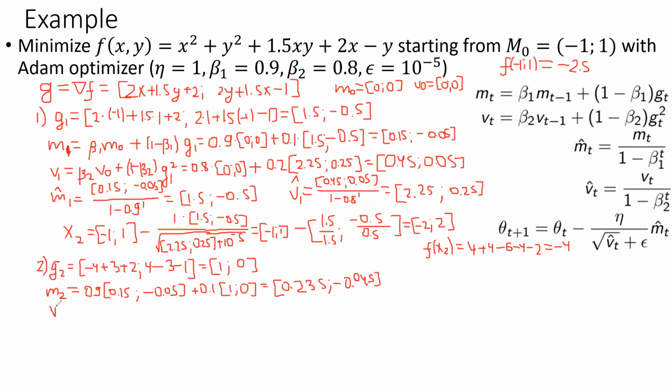Now we can calculate V2. So this is 0.8 multiplied by the old value, which was 0.45 and 0.05.